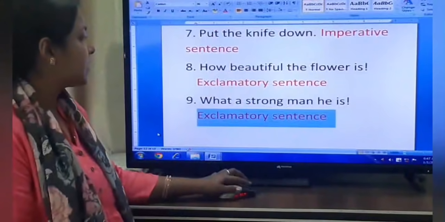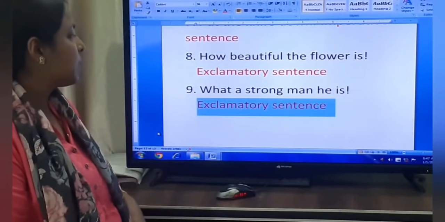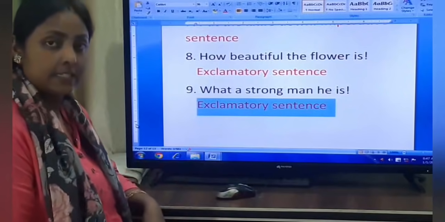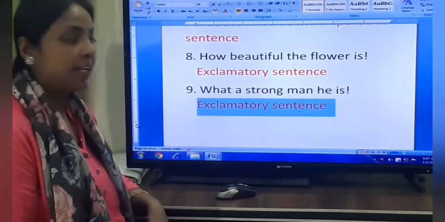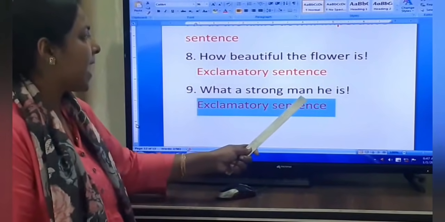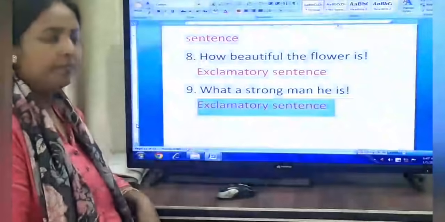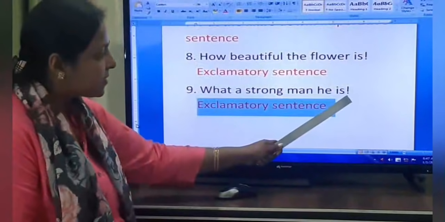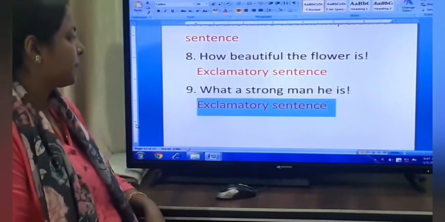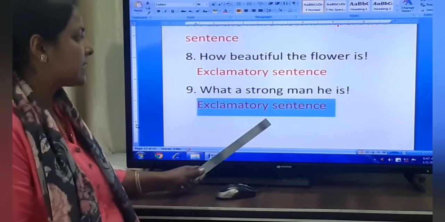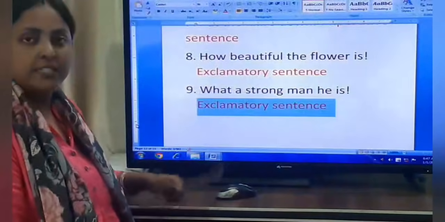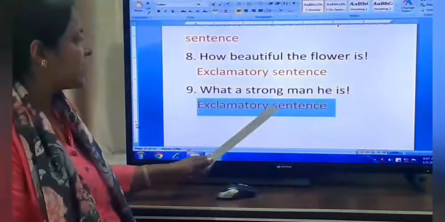The next sentence is, what a strong man he is! I repeat, what a strong man he is! Which mark is written here? Exclamation mark. So the sentence is an exclamatory sentence. Which sentence? Exclamatory sentence.